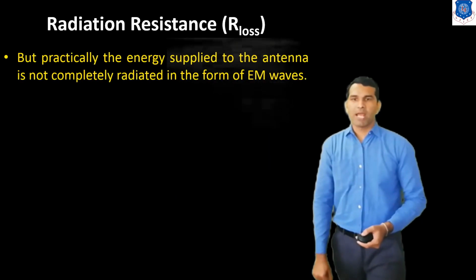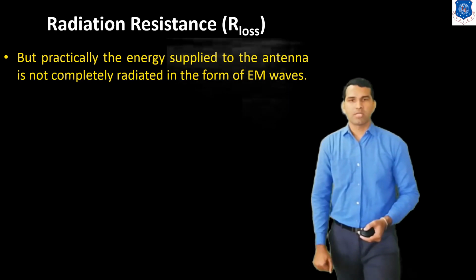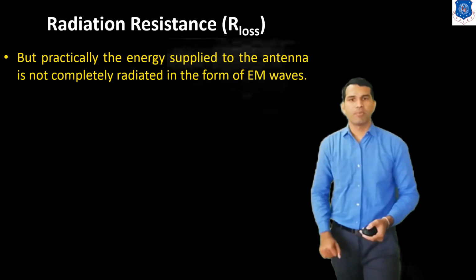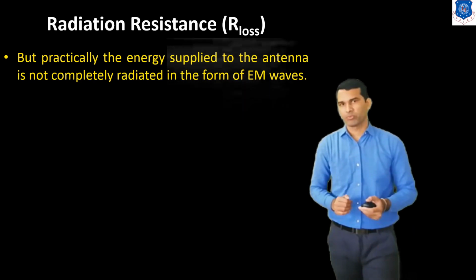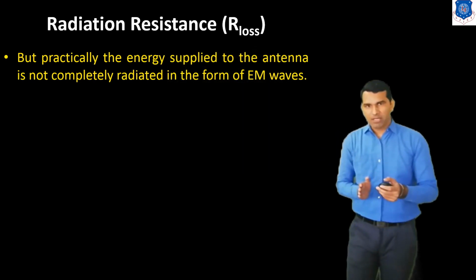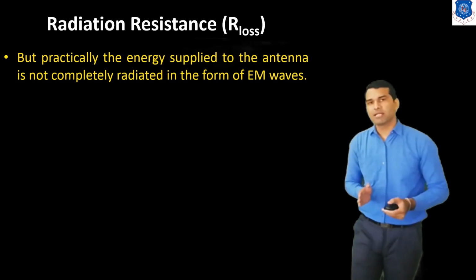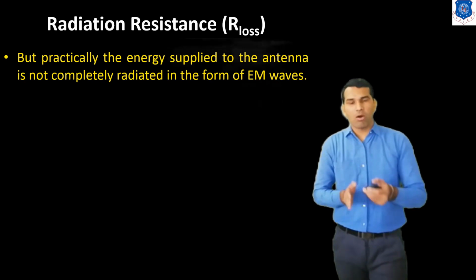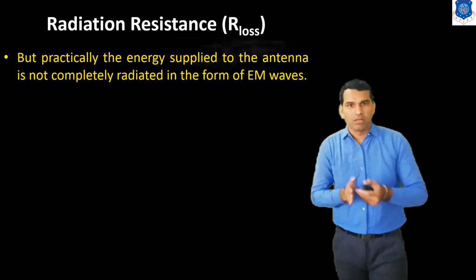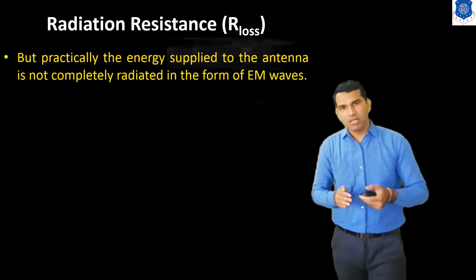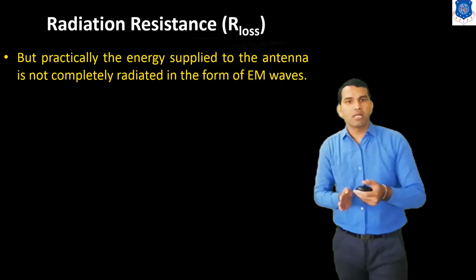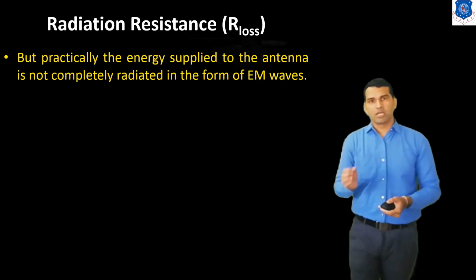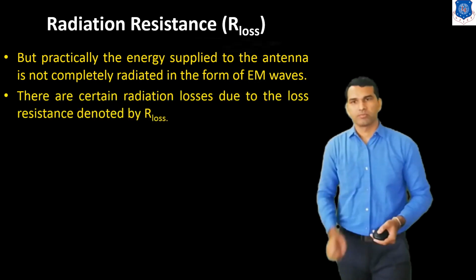But practically the energy supplied to the antenna is not completely radiated in the form of electromagnetic wave. When we apply energy, we apply it in the form of an electrical signal. We assume that all the energy is radiated, that means if we apply 30 dB power, all the 30 dB power is radiated, but actually it is not possible. So some energy is lost.